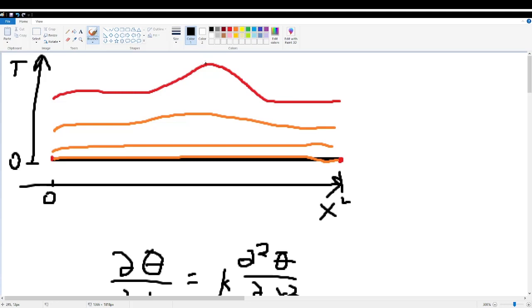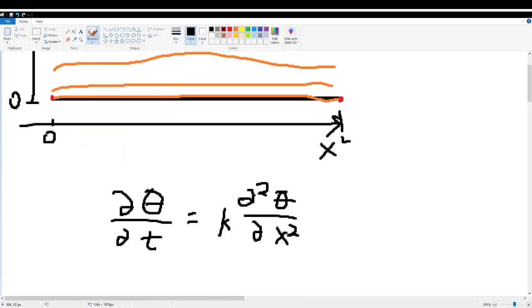So if I have a 500-degree point surrounded by a bunch of 10-degree points, well, that 500 degrees is going to dissipate fast. But if I have a bunch of 10-degree points surrounding an 11-degree point, it's not going to be as extreme of a change. So that's how you can interpret this change being proportional to this change.